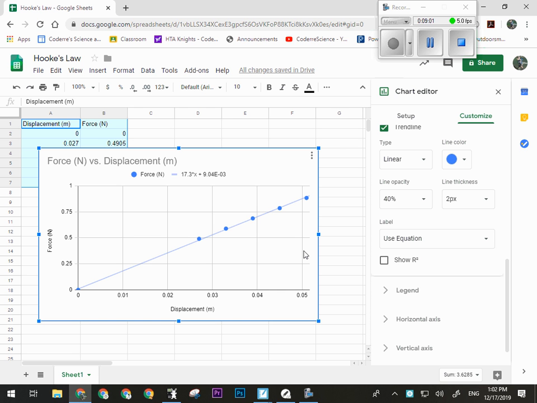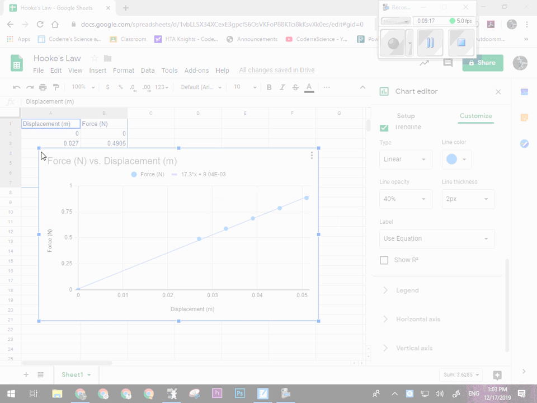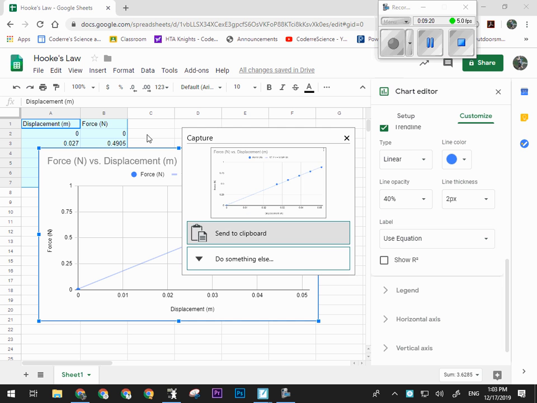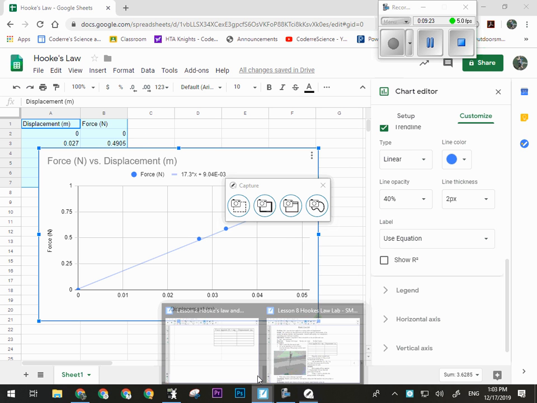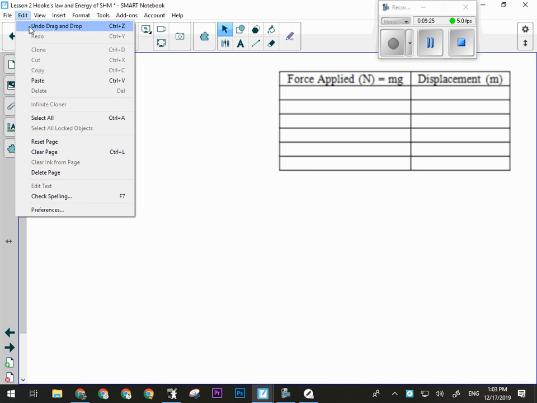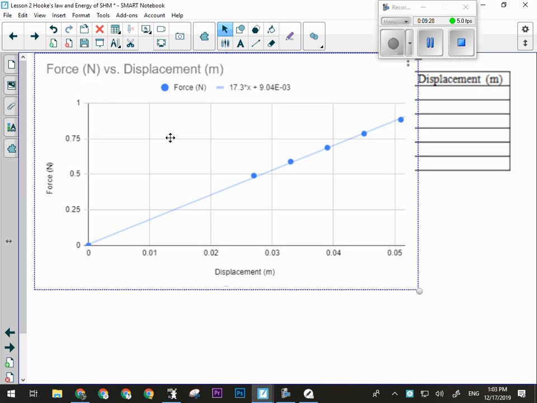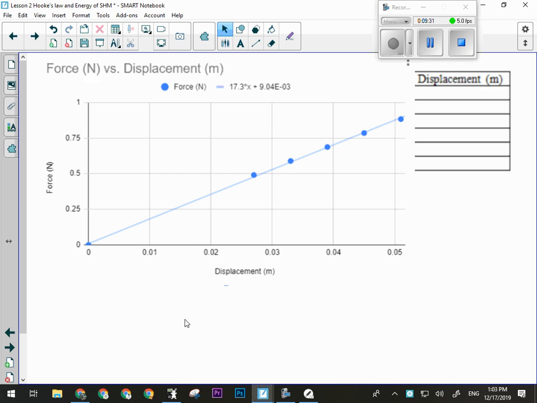Okay, so we've got our equation on here. Right, we've got force on the y, we've got displacement on the x. I want you to calculate a couple of things for me. I want you to figure out what the spring constant is.